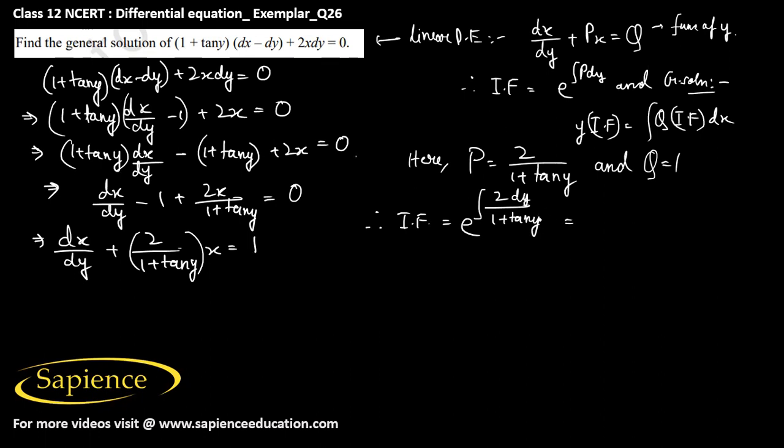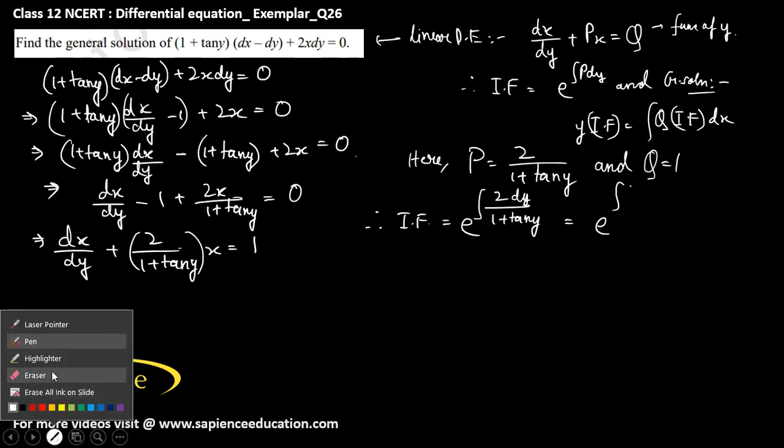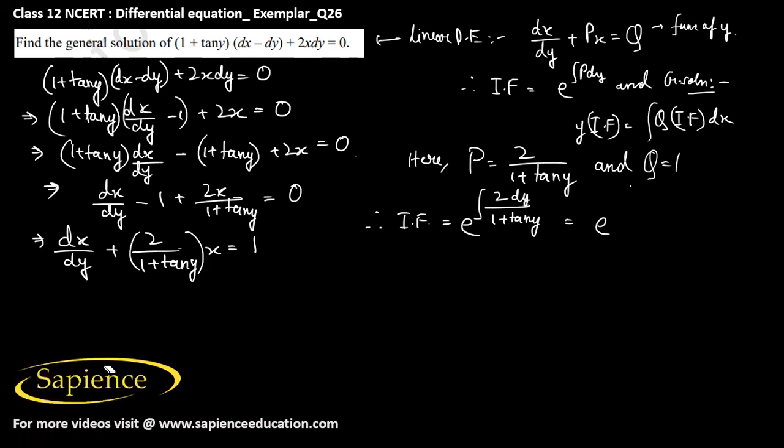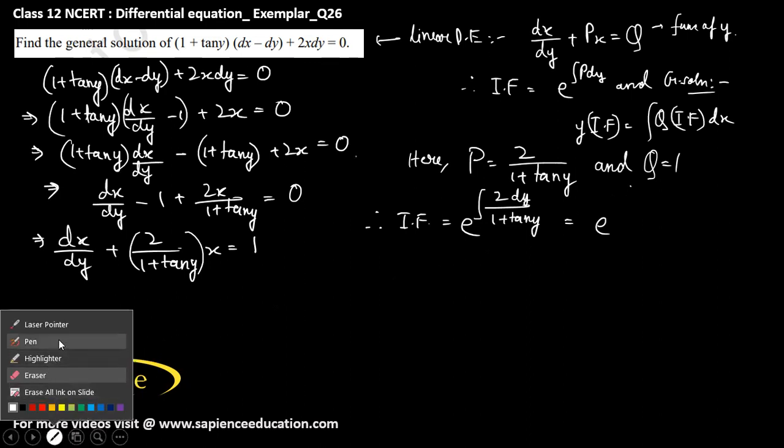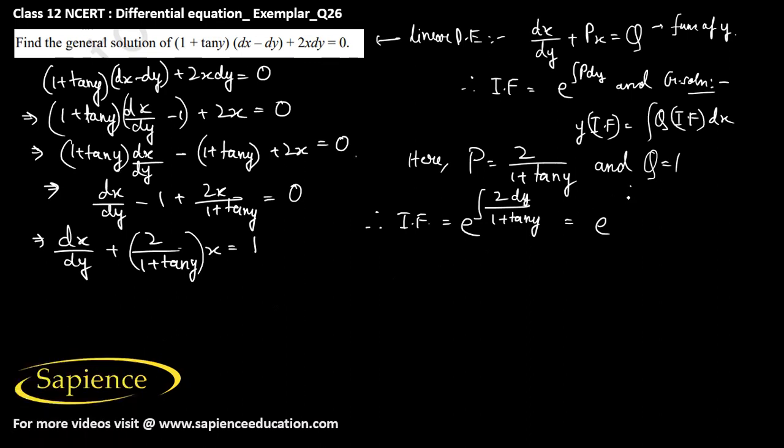So we have to first convert this tan y into sine and cos. So we can write it as e raised to integral, let's say we take this integral as I1, so e power I1.